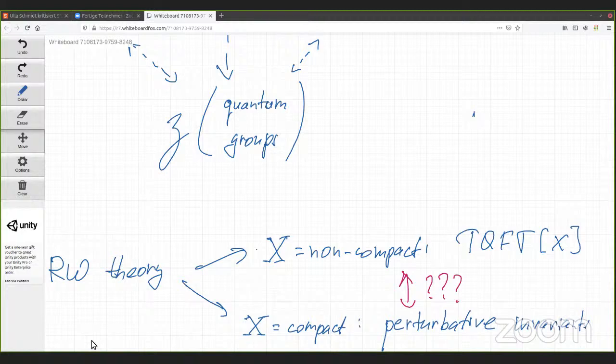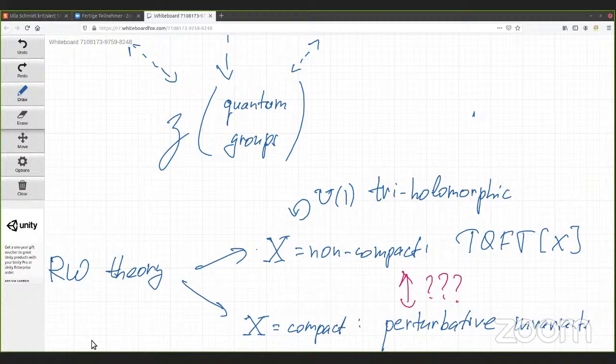But when X is non-compact, and when this U1 action that it carries, so again, Dew was explaining to you that it's very important to have a symmetry, so that you can use equivariant localization, at least one circle action. And when this circle action is triholomorphic, this is slightly better than the U1 action on the moduli space of Higgs bundles, where it's only holomorphic.